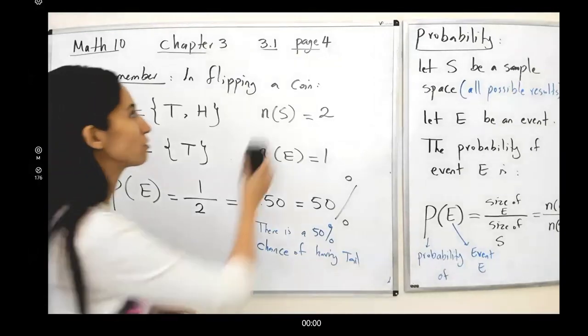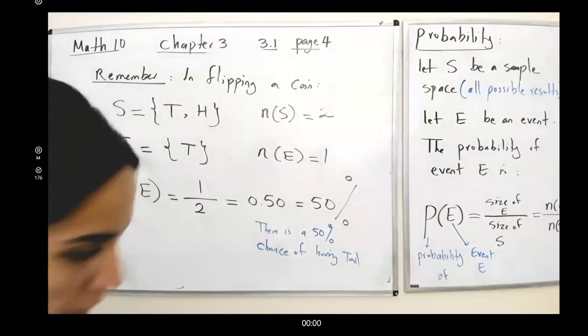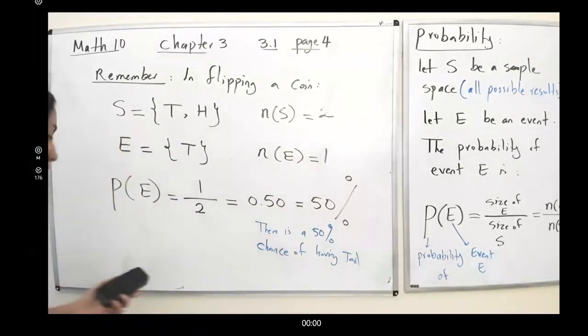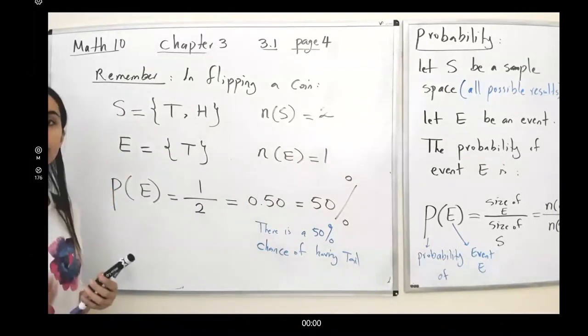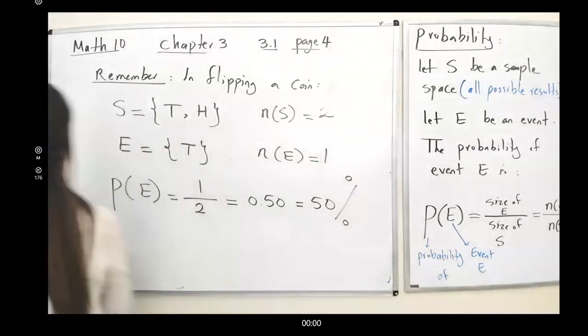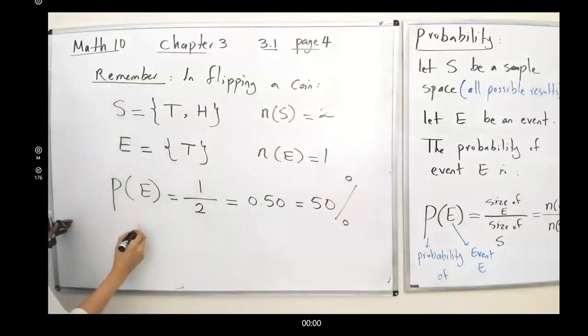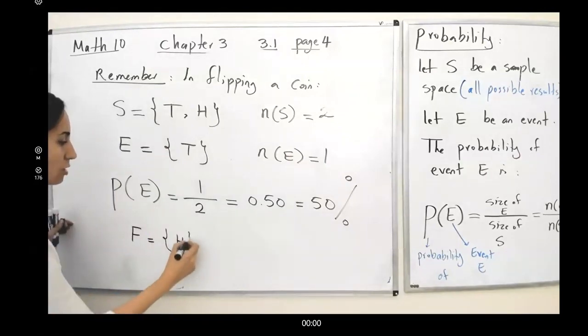Welcome back, everyone. I'm going to stick to this example. Now, what if I ask you to find the probability of a different event? I'm defining a new event. Suppose I'm defining event F to be just head.